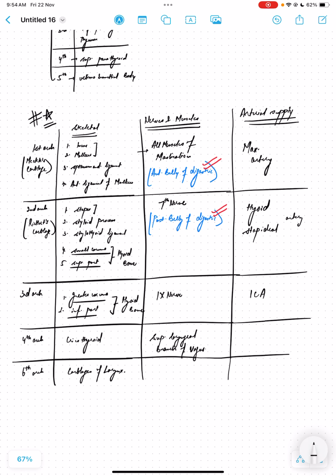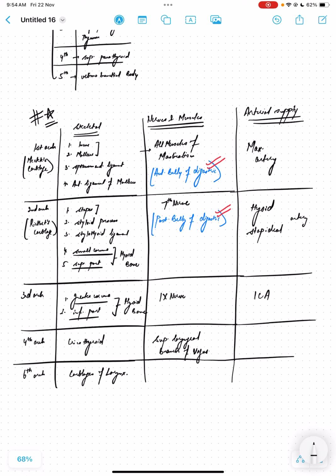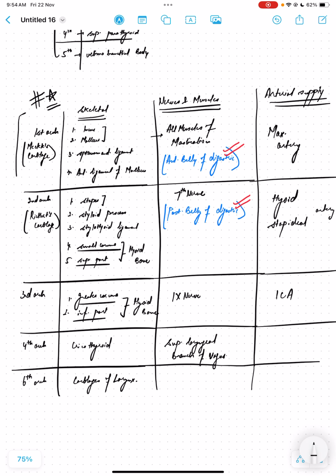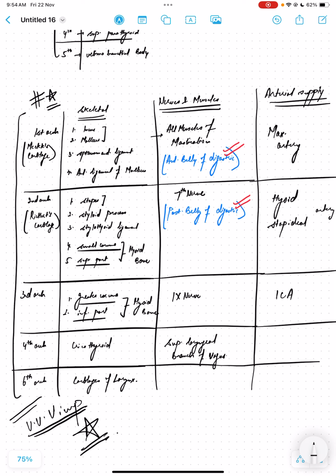Basically they involve the three structures, that is the skeleton, nerves and muscles, and the arterial blood supply. So this box that I have made you understand is very very important. Learn all of it by heart. Okay, so we will discuss once again.